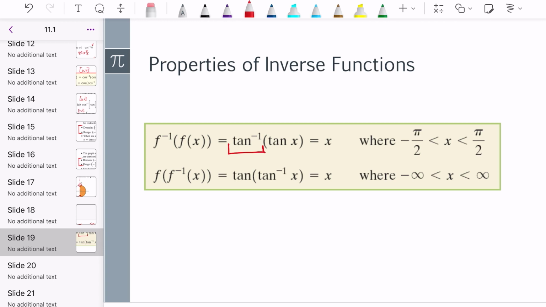In this case, since we have the inverse tangent on the outside, this means that we're going to have a range of negative pi over 2 up to pi over 2. Now remember, this is not going to include those values, so we're going to have parentheses around them. And for tangent, we're going to go from negative infinity to positive infinity, once again with parentheses around them.